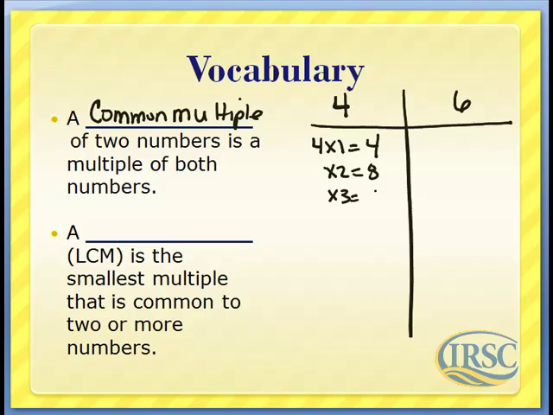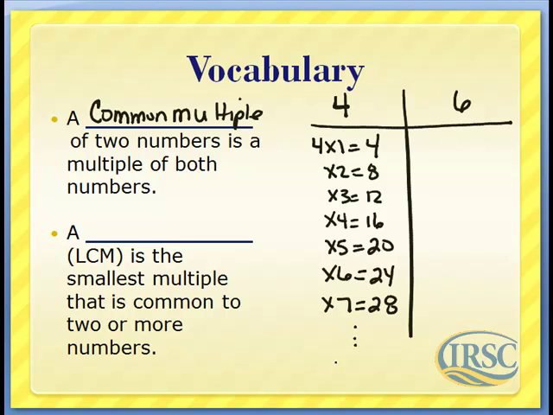Times 3, we have 12. Times 4, for practice sake, we'll list the first 10 multiples of each number. Times 4, we have 16. We can go down the line. Times 5. Times 6. Times 7. And we can keep going. Times 10, we have 40.